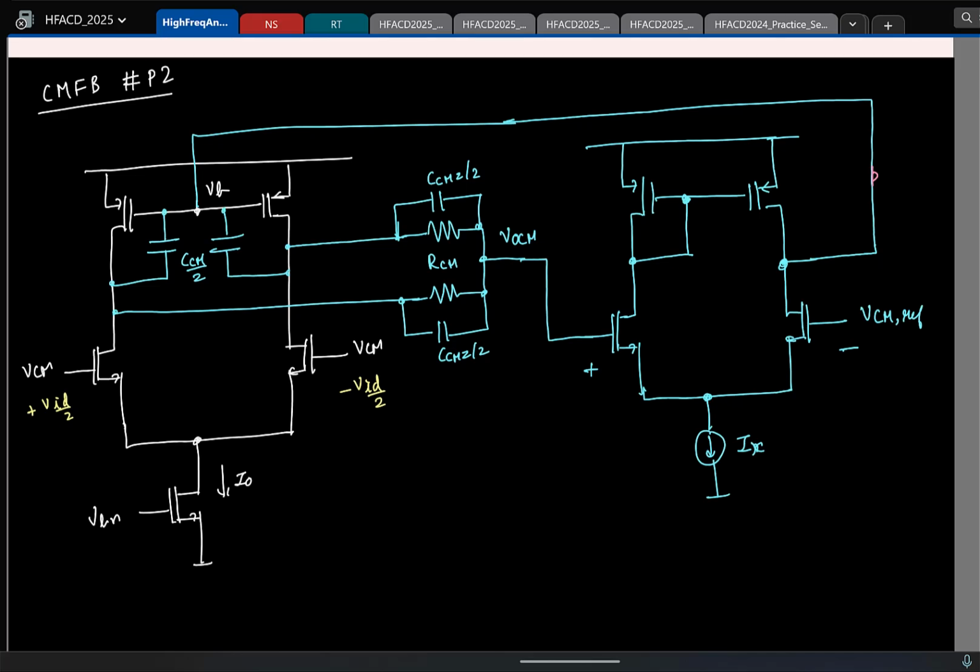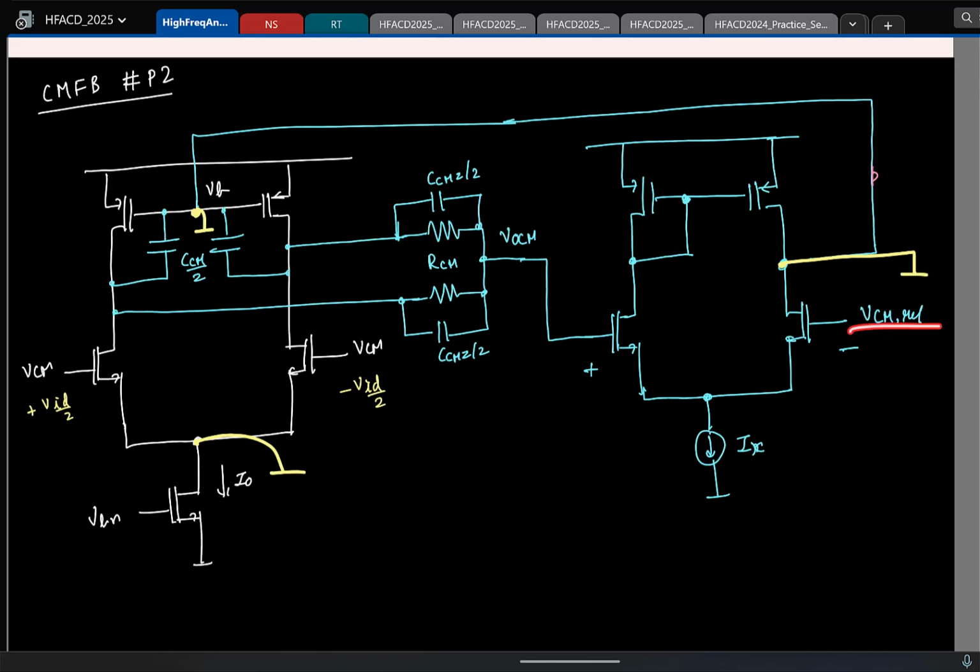So once again, you know all the node voltages along this line of symmetry will be at small signal ground. So this is at small signal ground. This is at small signal ground. If the gate potential is at small signal ground, the output of this op-amp is also at small signal ground.